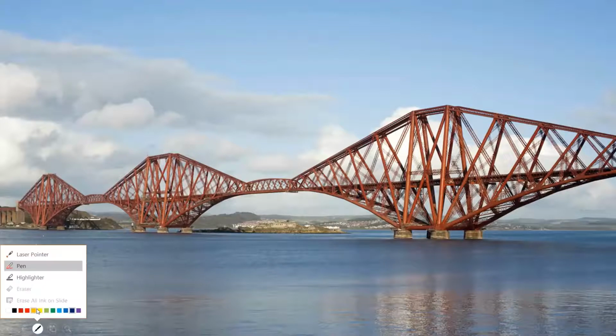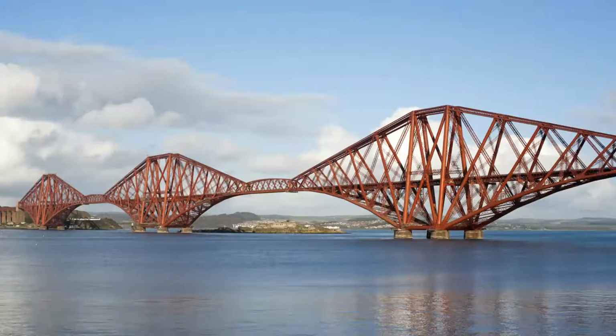Let me change to a bright color, yellow. This part of the bridge here is clearly supported by these beams. But then this part that extends has absolutely nothing underneath it. So this kind of wants to twist this part of the bridge around.